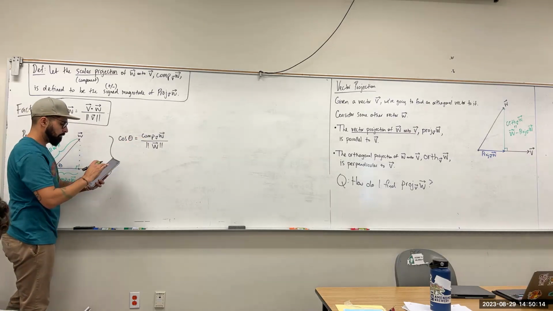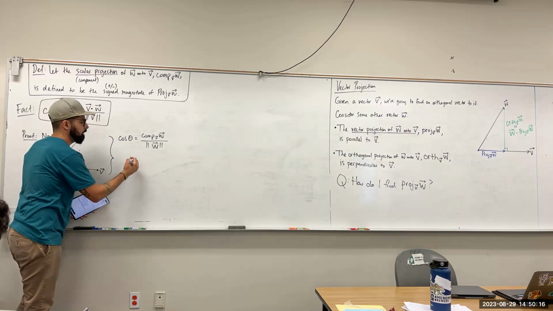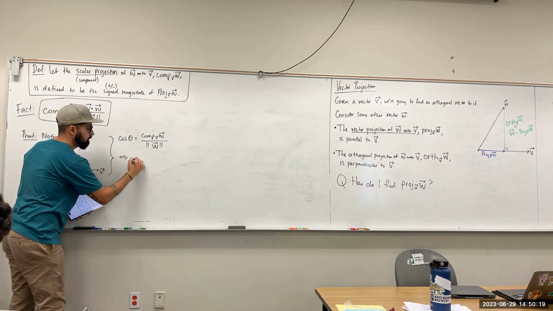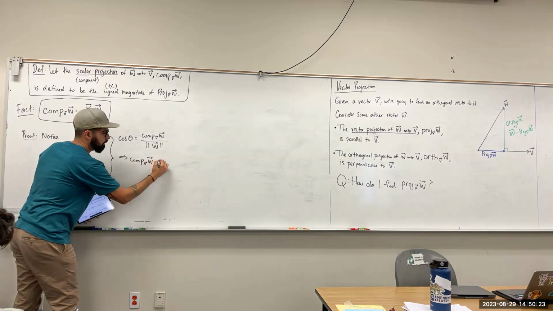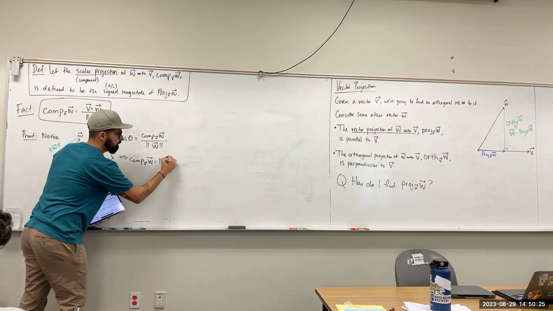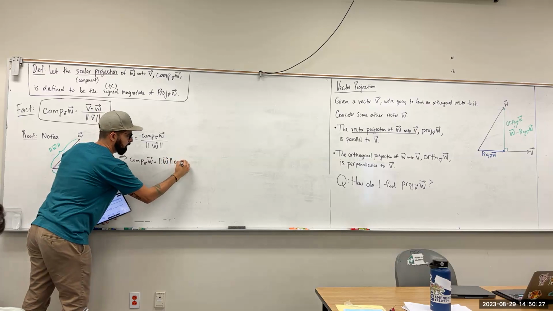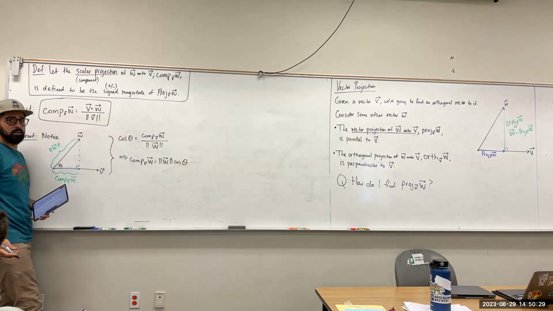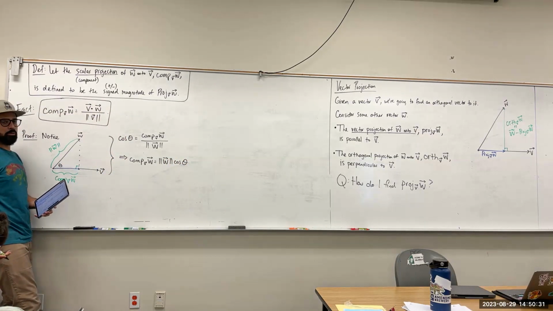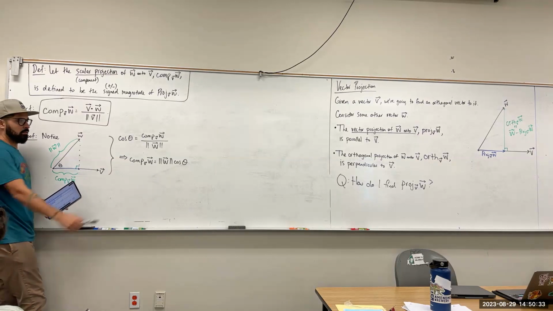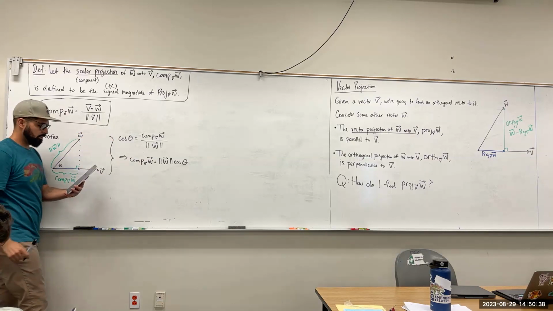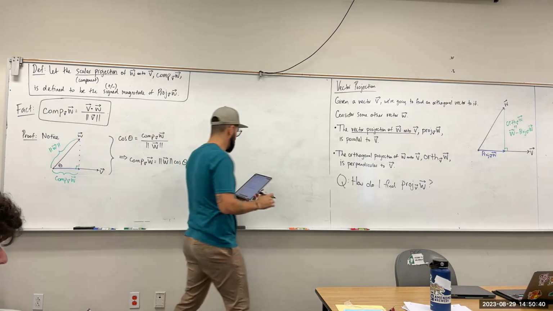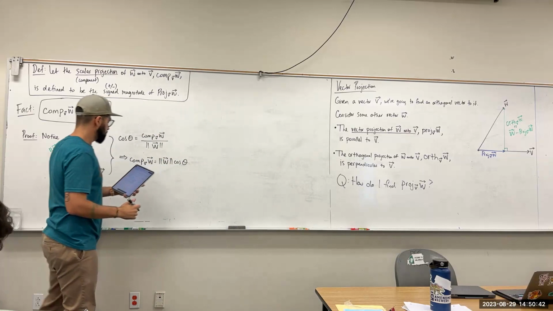Therefore, the projection is the magnitude of W times cosine theta. Does that give me what I want? Is that what I'm proving? No.